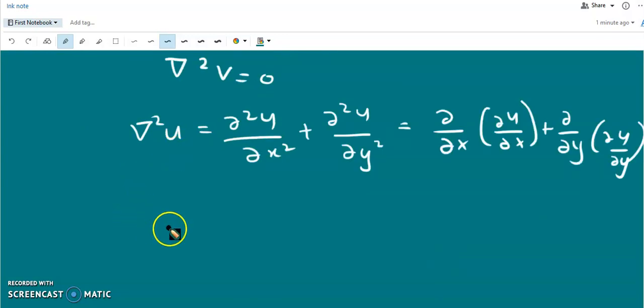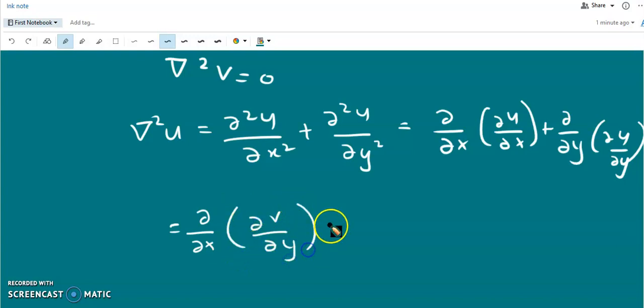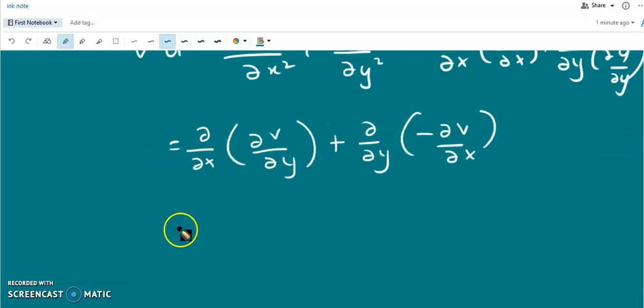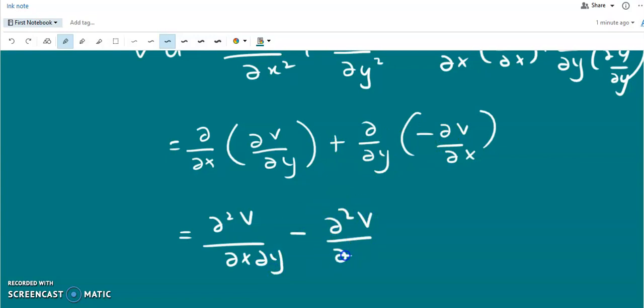Okay, so we can have dou by dou x of dou u by dou x, which is equal to dou v by dou y, plus dou by dou y of dou u by dou y. Dou u by dou y is minus dou v by dou x. So we can write dou square v by dou x dou y, and there is a minus over here, dou square v by dou y dou x, and we know that the order of the differentiation is not important, so we can write dou square v by dou y dou x as dou square v by dou x dou y.